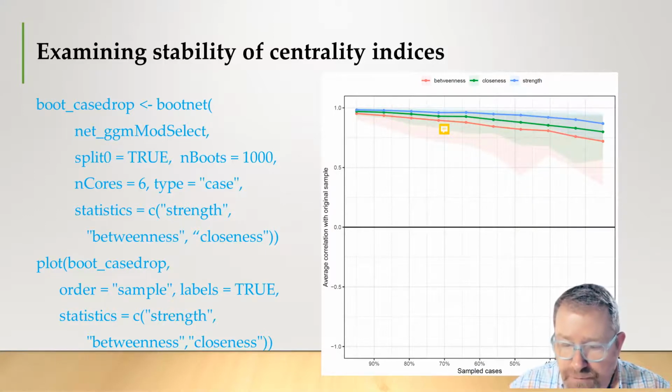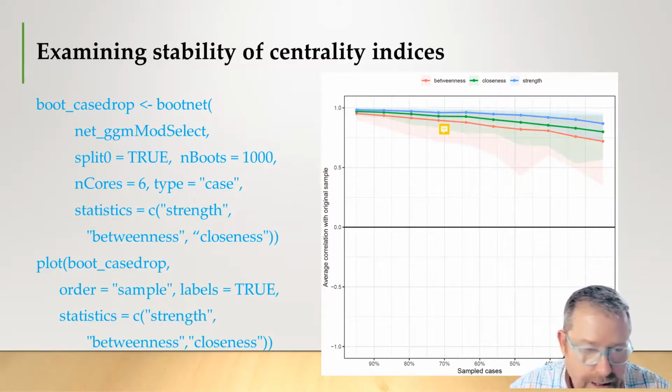And you can see they're pretty stable. This is how much the bootstrap results correlate with the results in the original sample. And you can see they correlate really high with my sample, even all the way up to dropping 20 or 30% of my sample. You want these correlations to be above 0.5. So this is telling me I have pretty stable estimates of centrality.